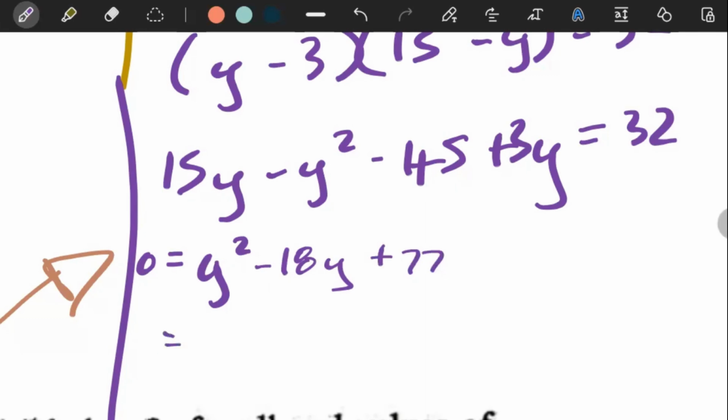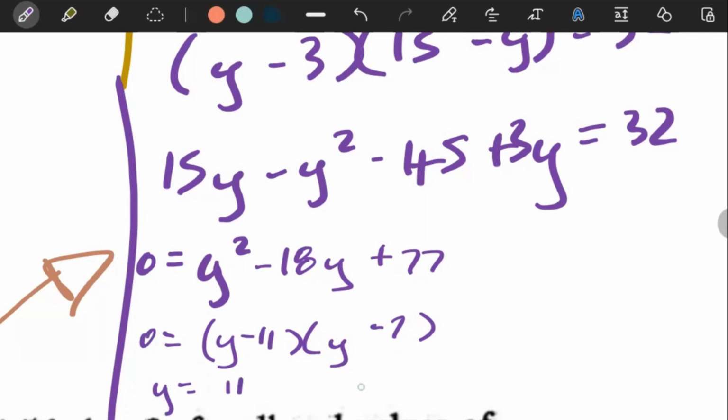Factors of 77 that can give us 18. Yay. 11 and 7, fortunately. So we don't have to use the quadratic formula there. It was quite a consolation to get something that can easily be factorized, you see.